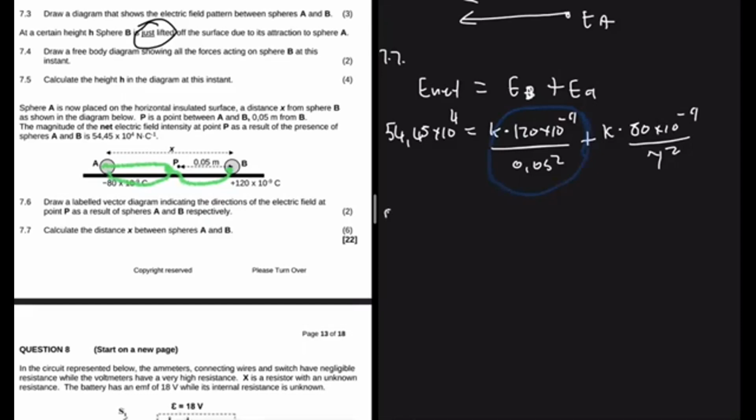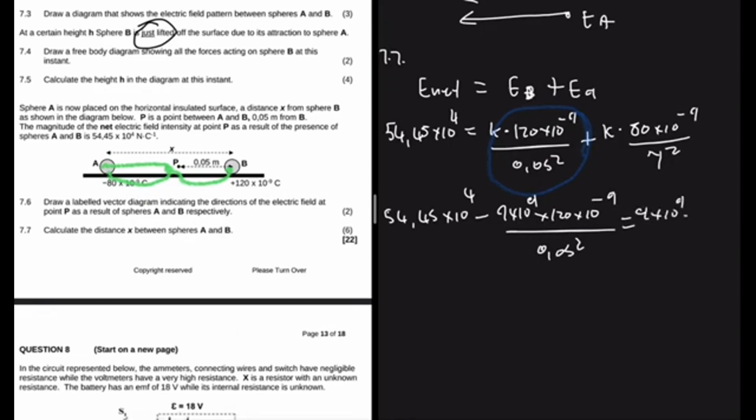So we're going to have 54.45 multiplied by 10 to the power 4 minus 9 times 10 to the power 9. I'm substituting K now, multiplied by 120 times 10 to the minus 9 divided by 0.05 squared. And then this will be equal to 9 times 10 to the power of 9 multiplied by 80 times 10 to the minus 9 divided by y squared, right?